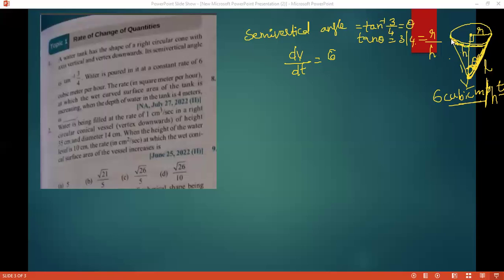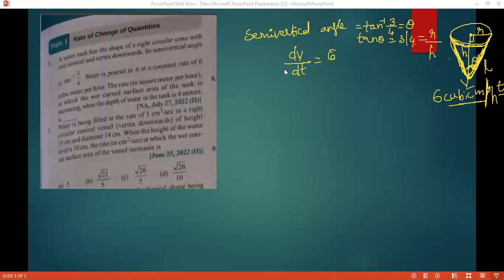So the wet curved surface area of the tank is increasing when the depth of water in the tank is 4 meters. So when the depth of water in the tank is 4 meters, what will be the increase? It is not the direct curved surface area. They are asking increasing, so at what rate it is going to increase.